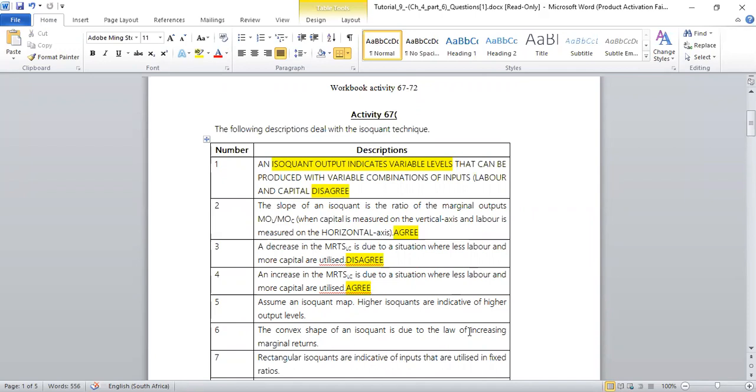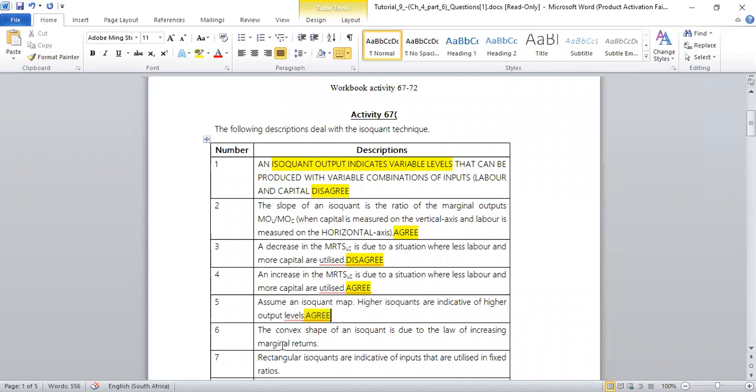So this one is theory based, so I have to know it. So number 5, agree. And guys, if you don't understand, feel free to ask.